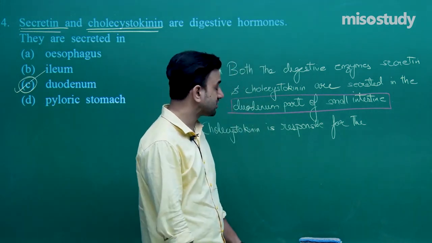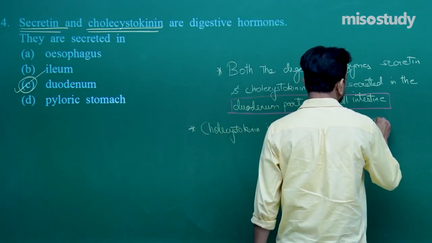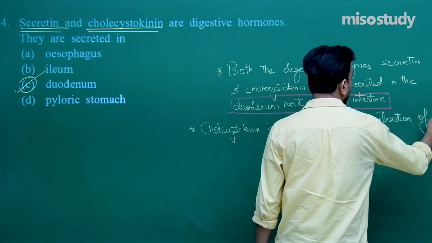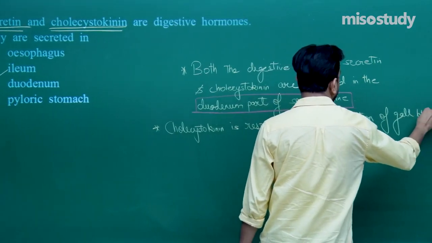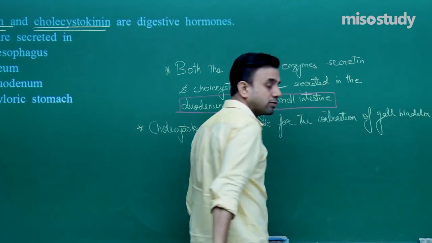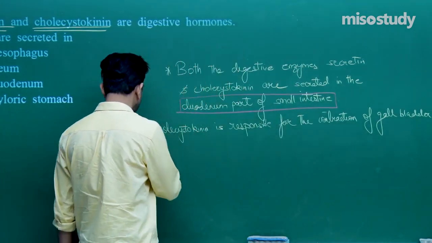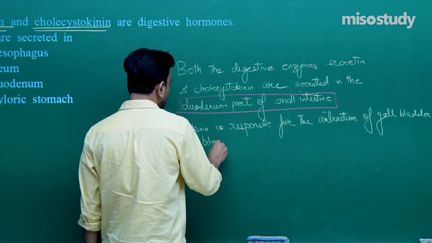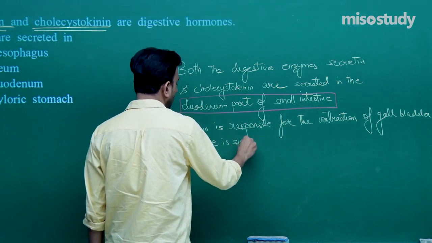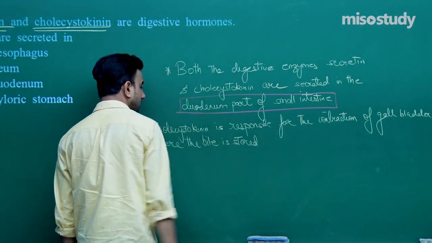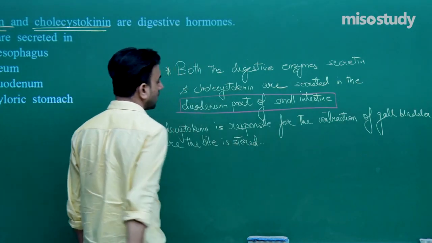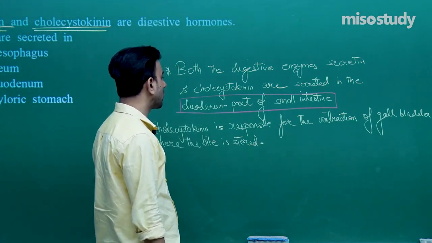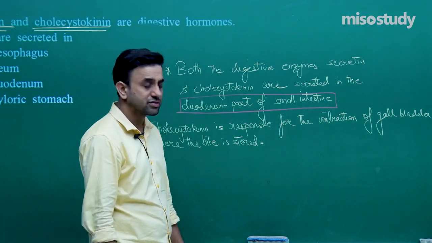So cholecystokinin is responsible for the contraction of the gallbladder where the bile is stored.